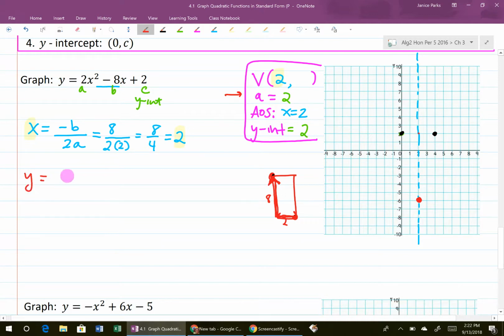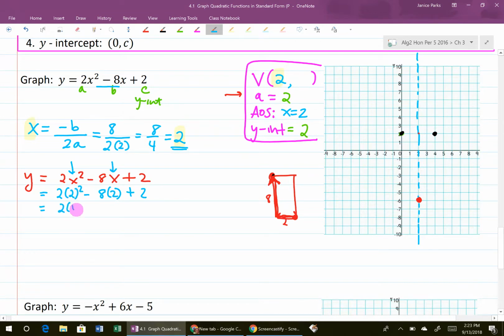Now, if you want to do this mathematically, that's always an option. So we would write the original equation, 2x squared minus 8x plus 2. And we're going to plug in this 2 for all the x values. We work out 2 squared minus 8 times 2 plus 2. Don't forget, you must square before you multiply by 2.